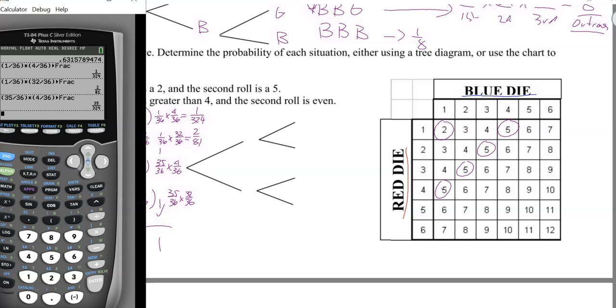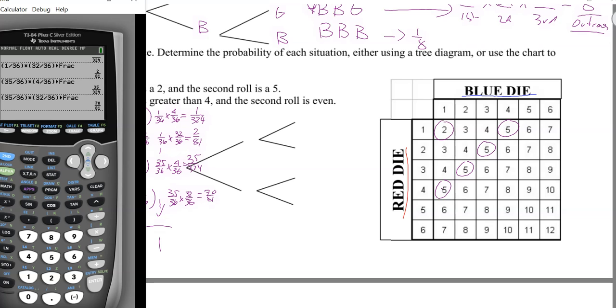And we get 35 out of 324. And 35 out of 36 times 32, let's just grab this, bring it down, change the 4 to a 32, and that's 70 out of 81.